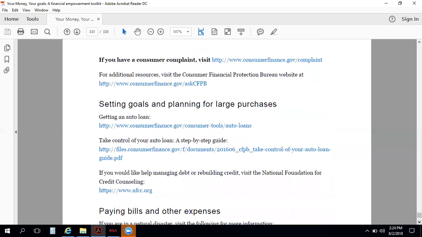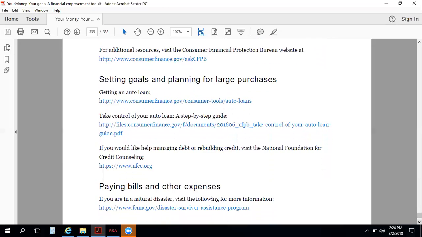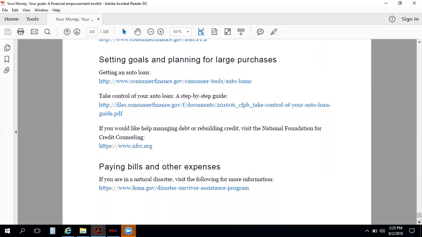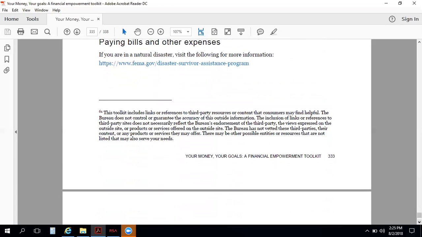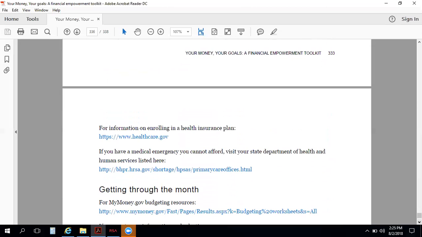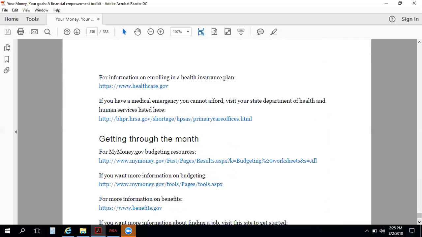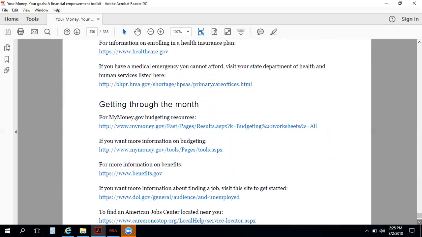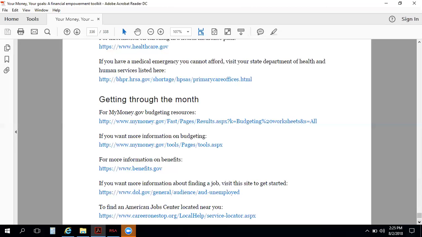The last couple of pages list every module in this toolkit and some resources that a client might be able to use to help them set goals, like getting an auto loan, taking control of your auto loan step-by-step guide, paying bills and other expenses resources, information on how to enroll in health insurance, healthcare.gov, and getting through the month, which was another module we talked about earlier on.